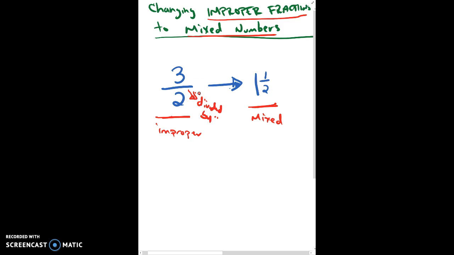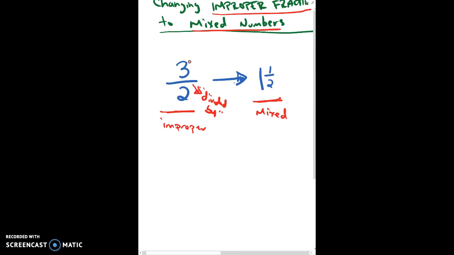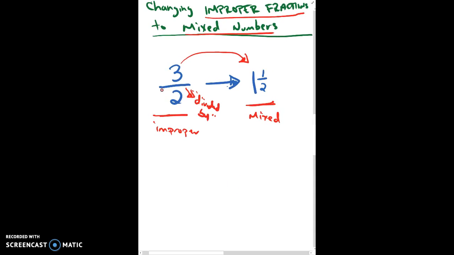Well, that's going to be very helpful for us to change this improper fraction into this mixed number. So this bar means divided by, so let's work this out. 3 divided by 2, or how many 2's go into 3?